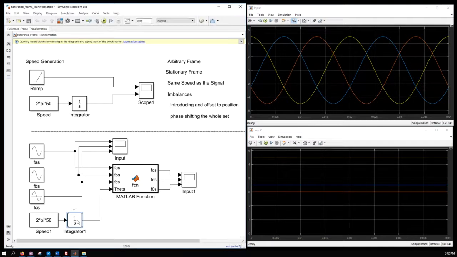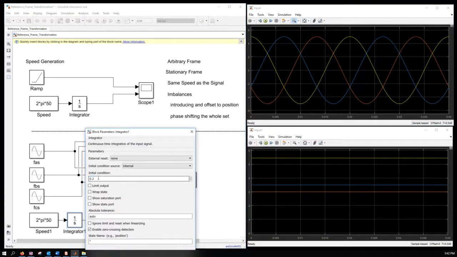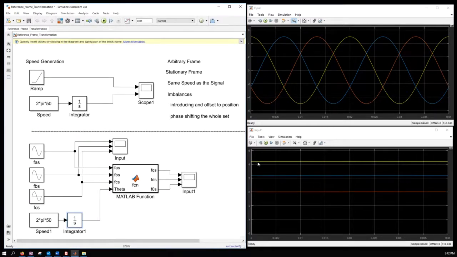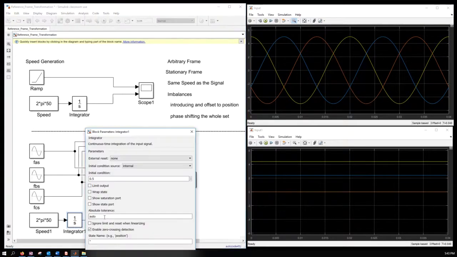We can even introduce a little bit more. What will happen if we go to 0.5, right? See, Q is getting lowered and D is getting higher and higher. Okay, and we can even introduce a pi by 2 phase shift in our reference frame.